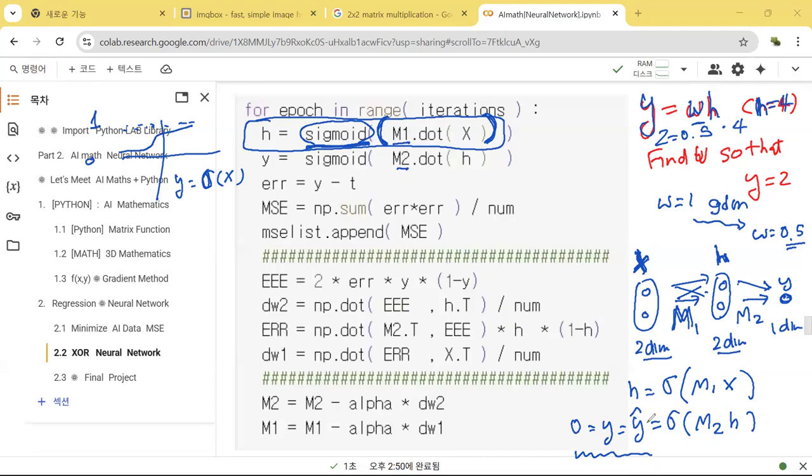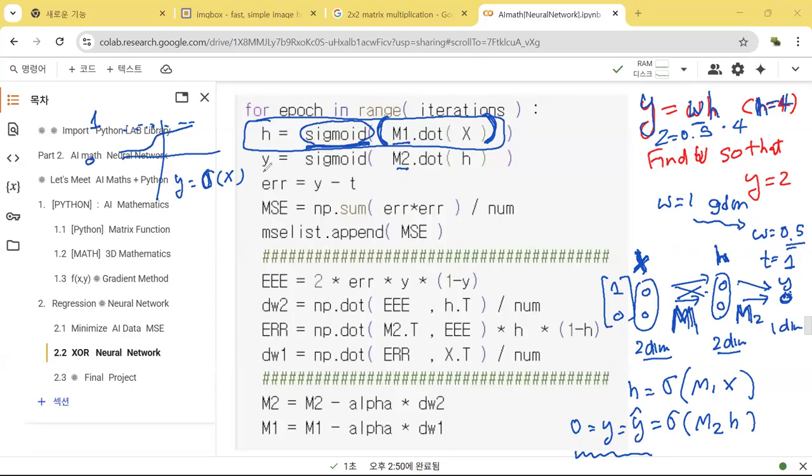Since this is the output, there is always a true value. For example, if X is true and false, as a column vector, then the true output must be true. T is the true value, but from matrices M1 and M2, our predicted value Y may be different from the true value.